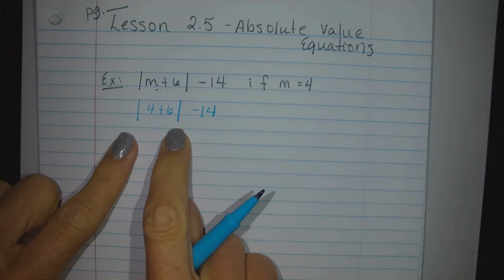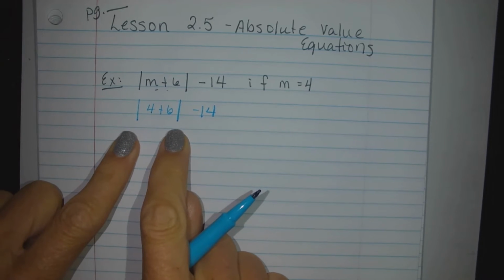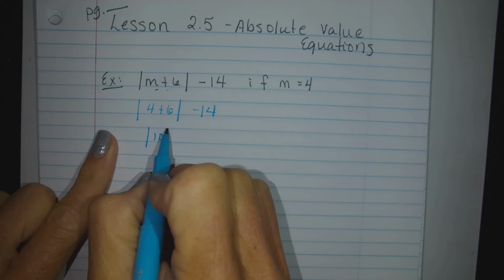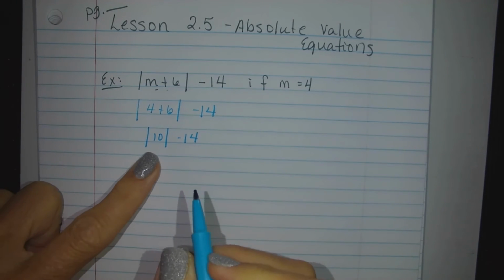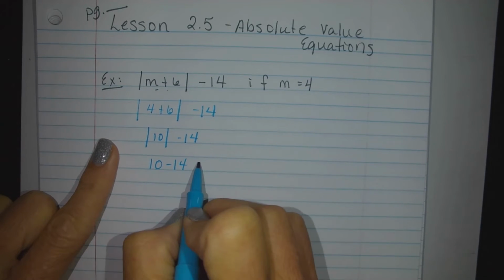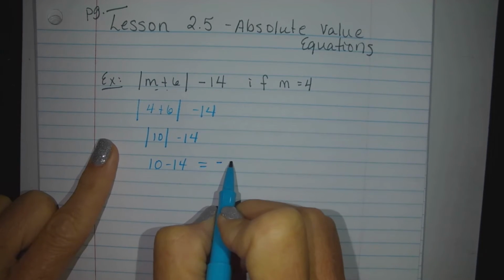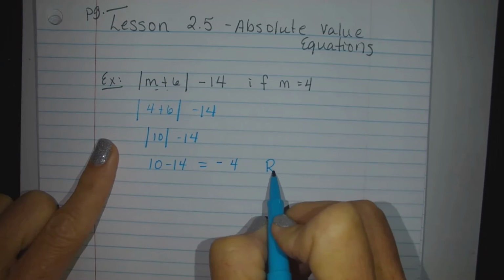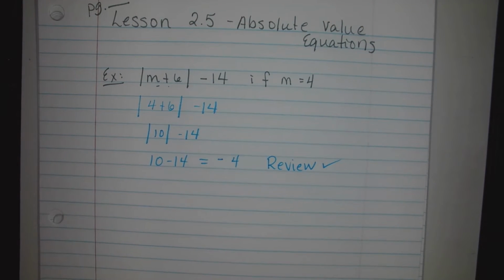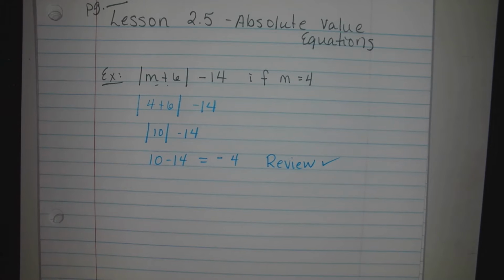Remember, we treat the absolute value like parentheses, right? So what is 4 plus 6? 10. What's the absolute value of 10? 10. And 10 minus 14 is simply negative 4. We've done this before. All right, we good?